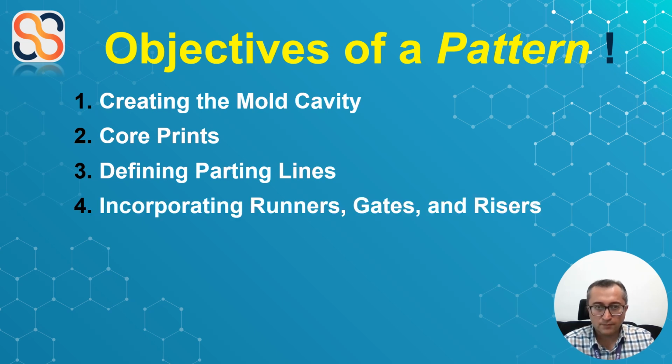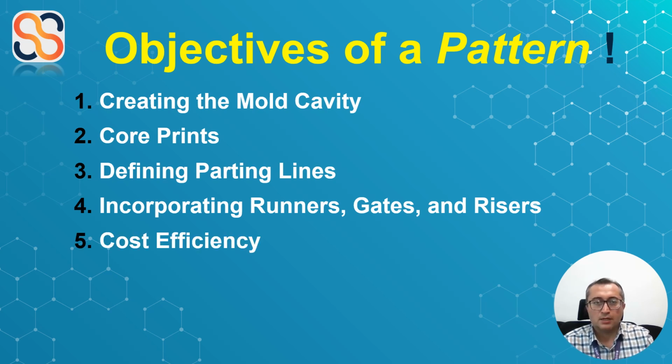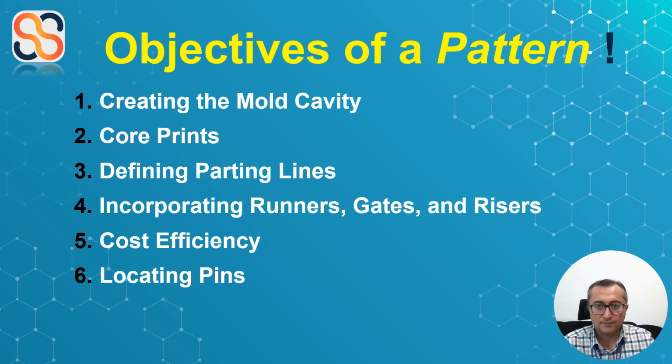Number four, incorporating runners, gates, and risers. Sometimes runners, gates, and risers are part of the pattern itself. Number five, cost efficiency. Well-constructed patterns can help minimize the overall cost of casting.